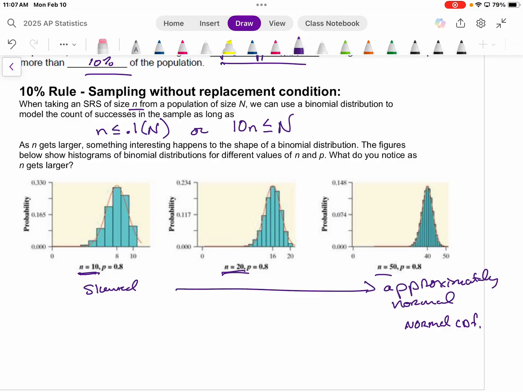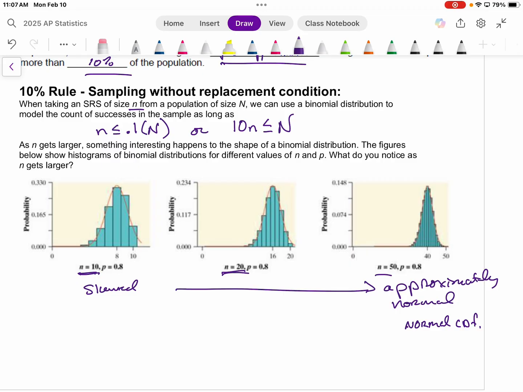This helps, okay? But again, when there aren't that many in the sample, it's going to be slightly skewed one way or the other. I will say this: the larger the probability of success is, the more it's going to be skewed left, whereas when your probability of success is small, it's going to be skewed right.